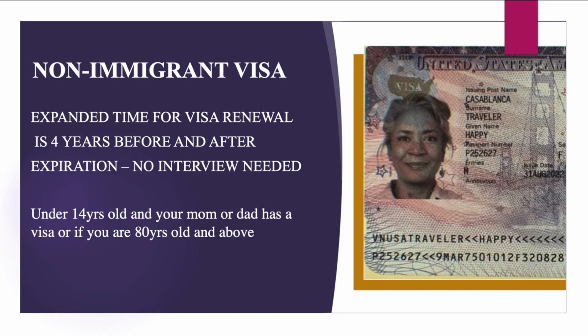You will just submit the following documents, and then you have to wait. Once your visa is approved, they will return your passport with your tourist visa on it. For non-immigrant visa, the expanded type for visa renewal is 4 years before and after expiration.